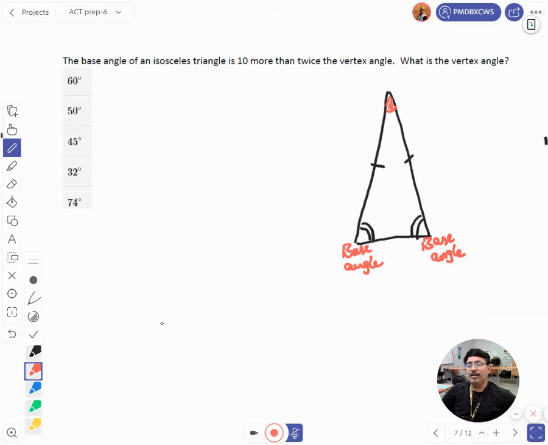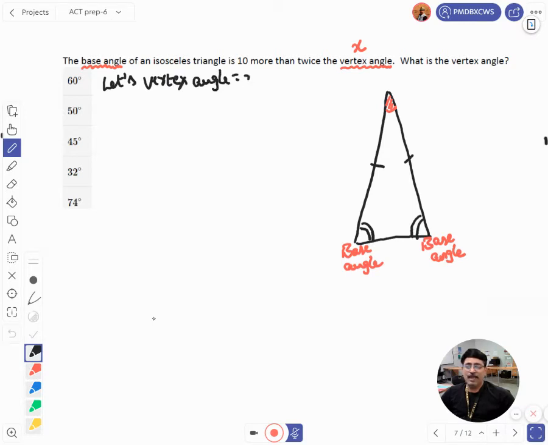Please remember, as I mentioned earlier, if two elements are compared, the one which comes in the latter position is always to be taken as x, not the first one. Take the second one as x. Therefore, let's say the vertex angle equals x degrees.